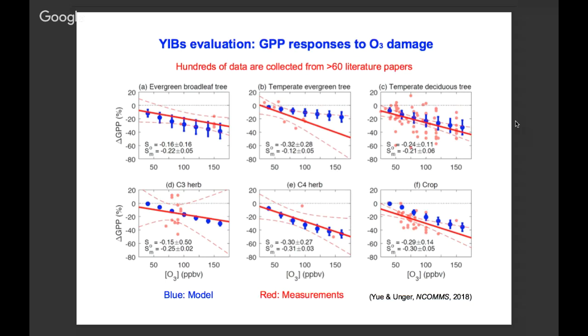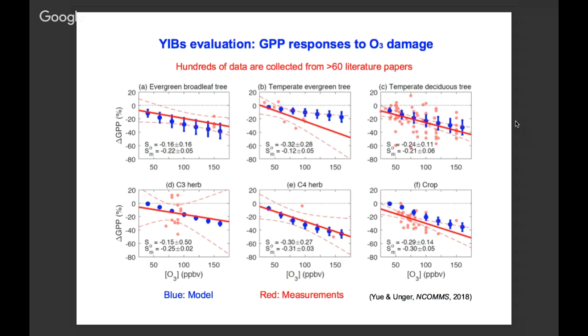The y-axis is the GPP change from 0 to minus 80%, and the x-axis is the ozone concentration. Generally, with the increase of ozone concentration, all species show that GPP decreases gradually, and they have different sensitivity. We can see that the model generally captures this response for different types of vegetation.